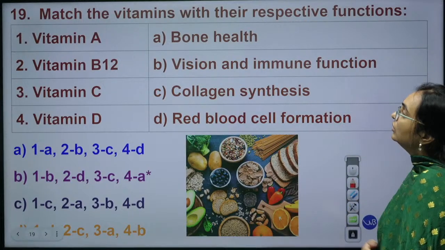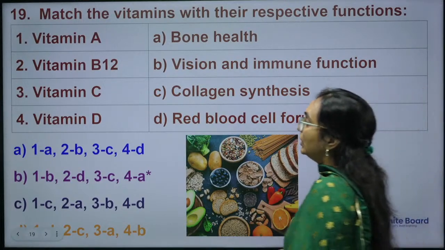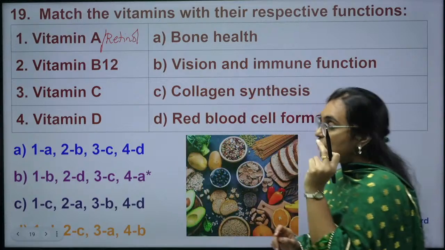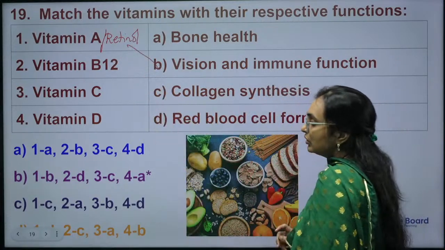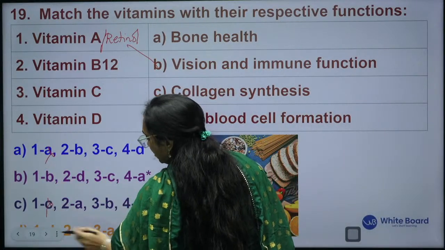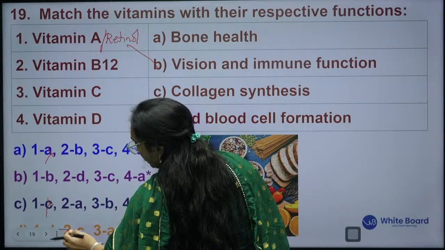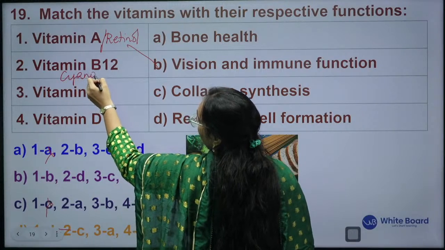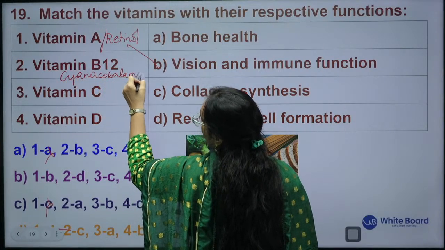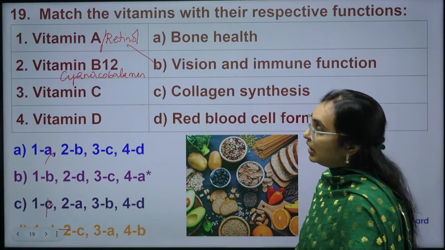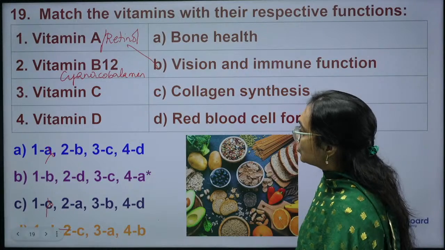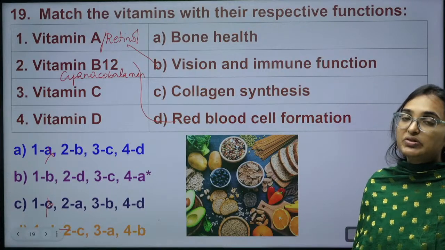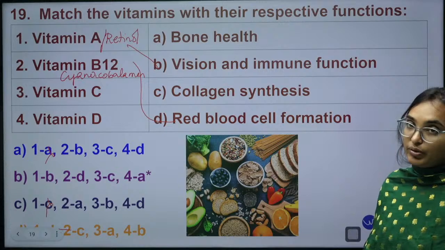Match the following vitamins with their respective functions. Vitamin A is retinol, used for vision, so 1 is B. Next, vitamin B12 is cyanocobalamin, useful for red blood cell formation, an important component for RBC and blood formation.